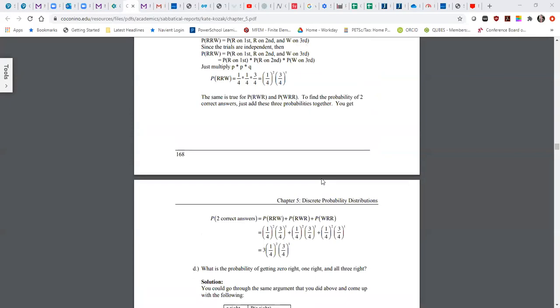Okay. Okay, so you want to find the probability of getting the correct answer, so you need to add all of this together.